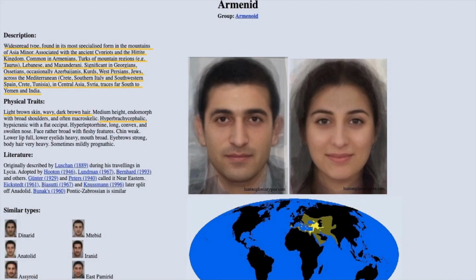And the Armenid type is widespread, found in its most specialized form in the mountains of Asia Minor, associated with ancient Cretans and the Hittite kingdom, as we just read. Common in Armenians, which makes sense.